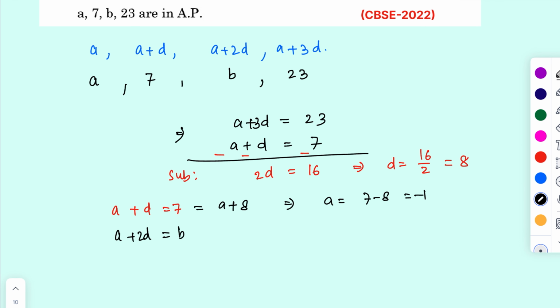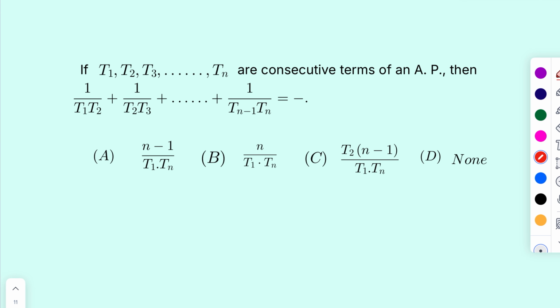This implies b is equal to minus 1 plus 2 times d, 2 times d is 16, that is 16 minus 1, that is 15, which is equal to b. So b is equal to 15 and a is equal to minus 1.